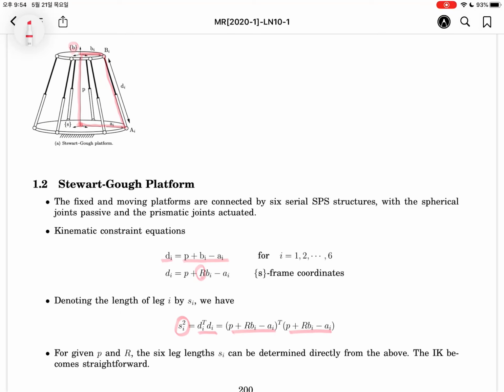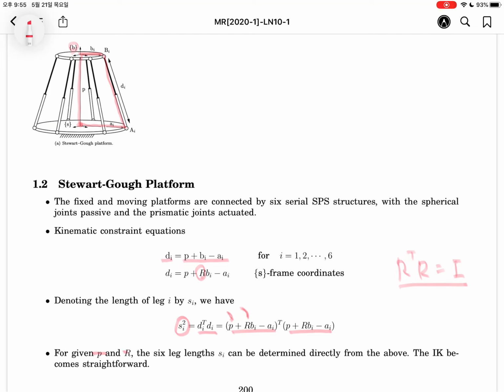Here, for given P and R, P will be 3 elements given, and then R will be given as 9 elements. Actually, only 3 elements are independent. 6 elements are dependent because R transpose R should be equal to identity. It means this equation has 6 dependent equations.